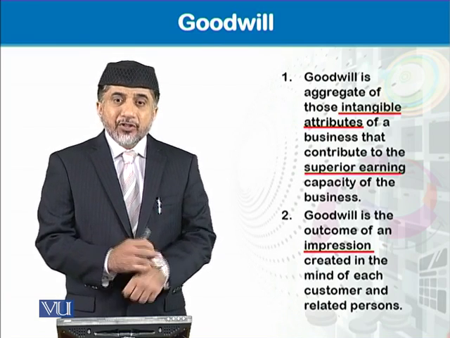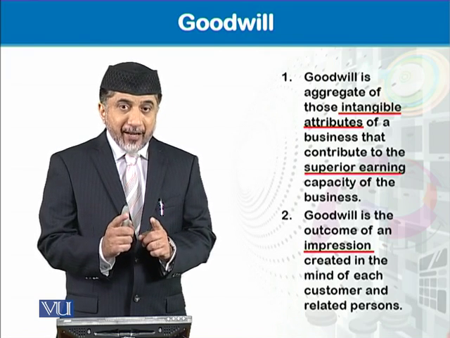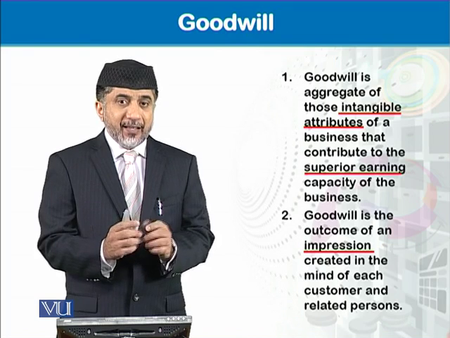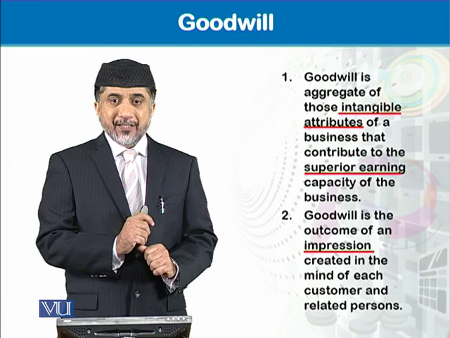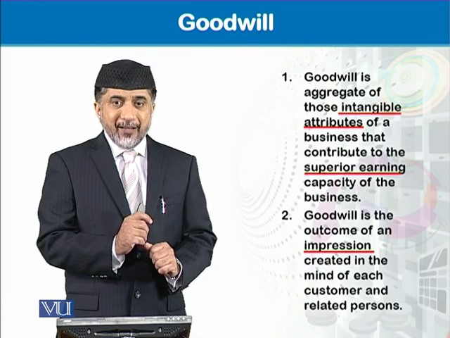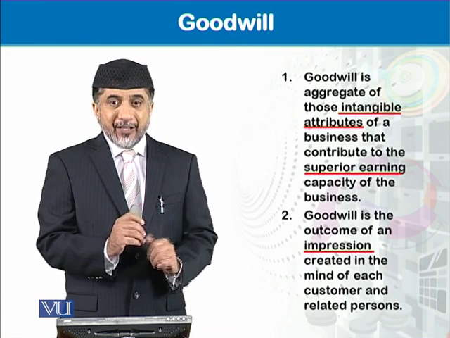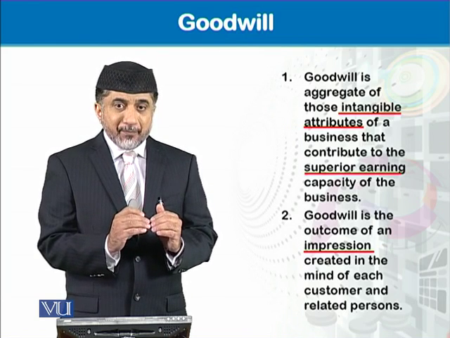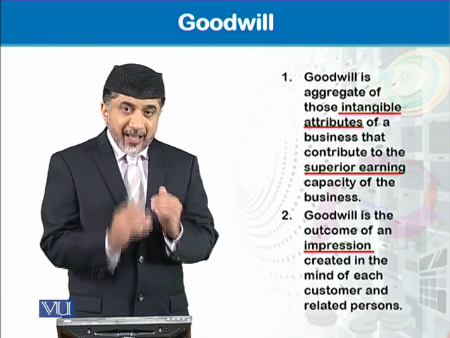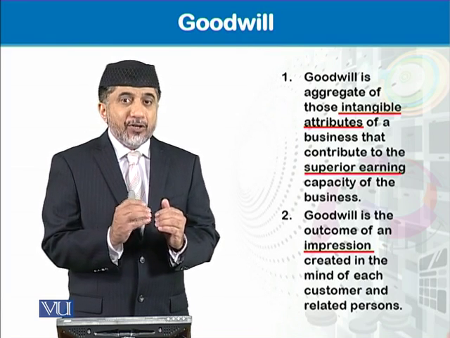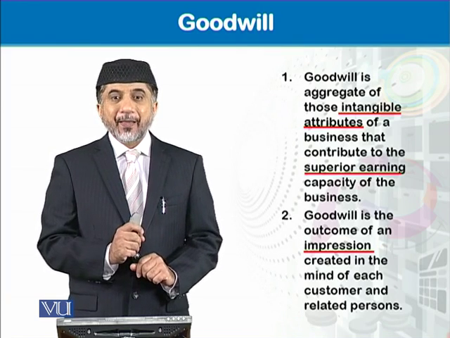Because for that goodwill, we will give benefit to the existing partners at that time. The person who will become a partner after that point of time will not be enjoying that amount of goodwill. Okay?